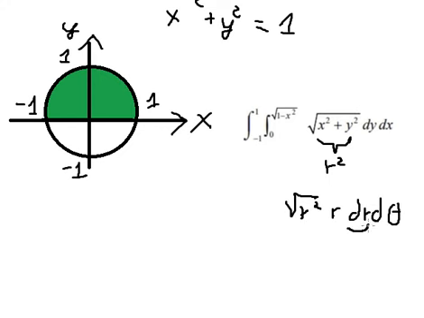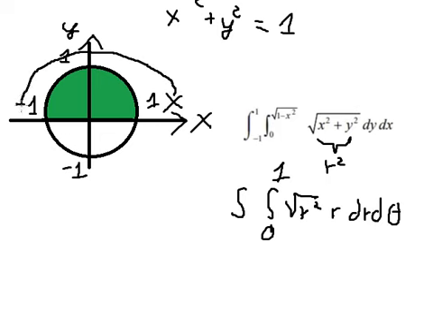About dr, that's the radius of the circle. We start from 0 to 1. D theta, we start at this point in here and they go to here. So this is a half of the circle. So we start from 0 to pi.